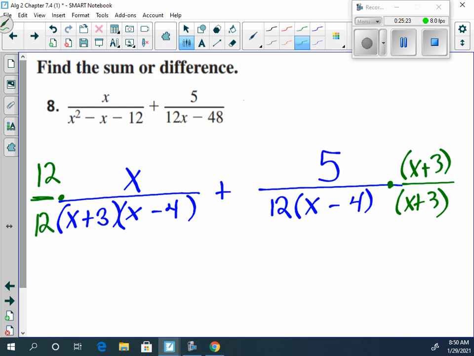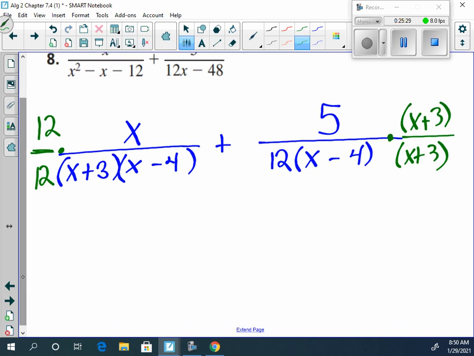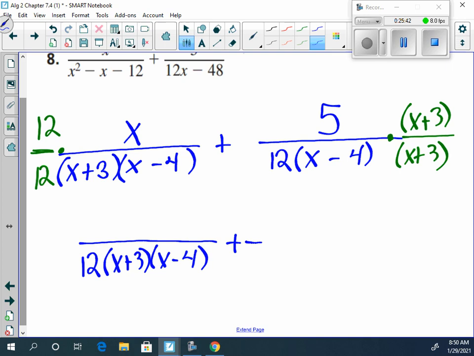And if it doesn't have it, we multiply it. We give it to it. So the denominator is going to be 12 times x plus 3 times x minus 4 in both cases.